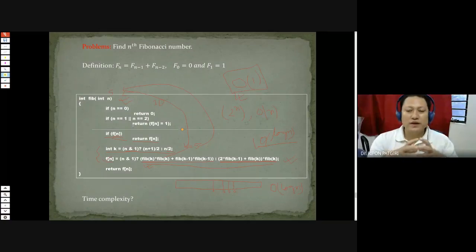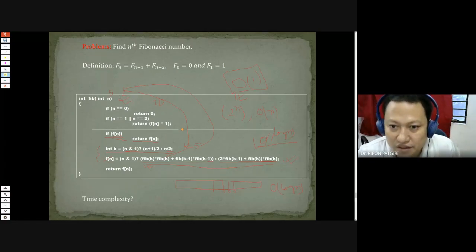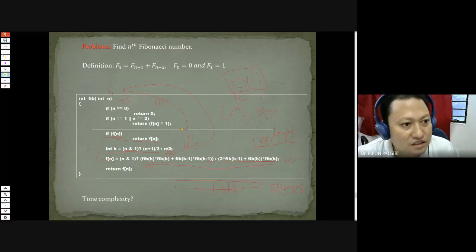If you divide the problem into half, and again that sub-problem is divided into half, and again that sub-problem is divided into half, when will it converge? Within log n time you will converge. For example, we should actually discuss the binary search problem to understand this.